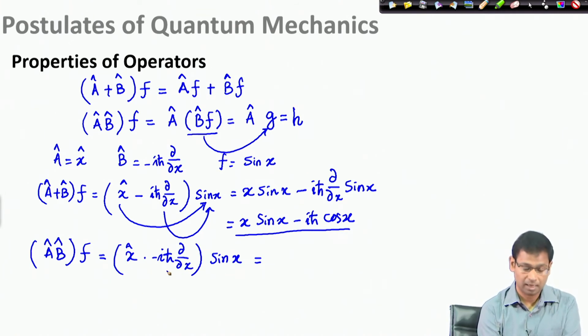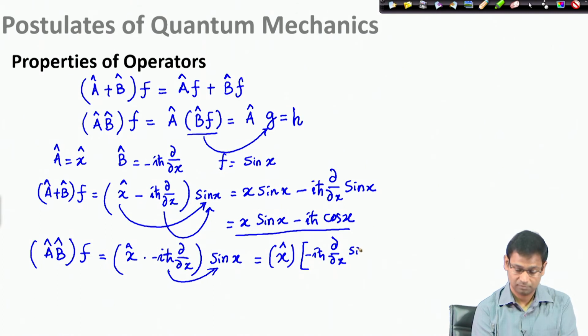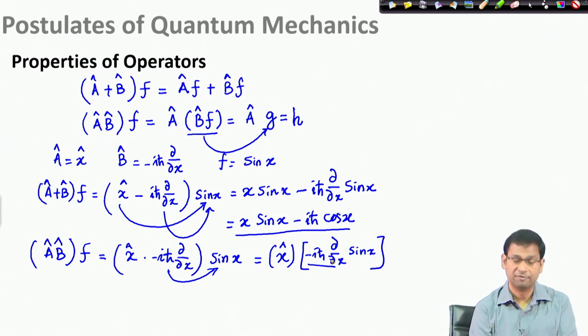So, I can apply the second function first onto the wave function. So, I have x, I keep it outside, and then first I see what this does. I am applying the second operator B onto the wave function, the function sin x.